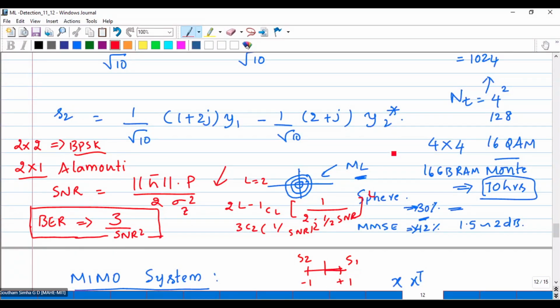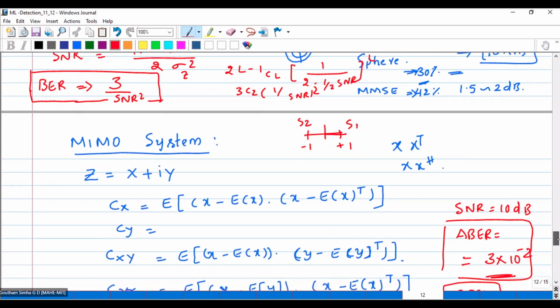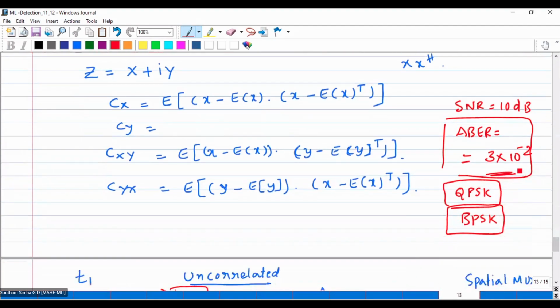Now this cannot be generalized. This is for a 2 cross 1 system. Whatever I have written here would work. If you go for a 2 cross NR system, a 2 cross 2 MIMO system, and 2 cross 4 or 2 cross 8 system, then there is some formula.